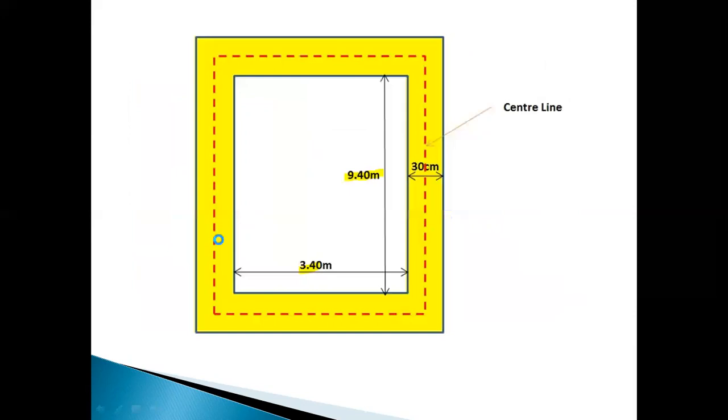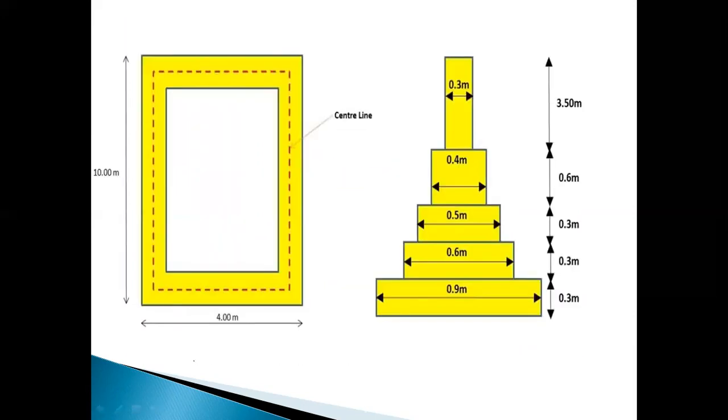So in the plan we find the total length 26.80. This is the total center to center length of the total walls. So here we find the CC concrete foundation, the first footing, second footing, plinth, and the superstructure.